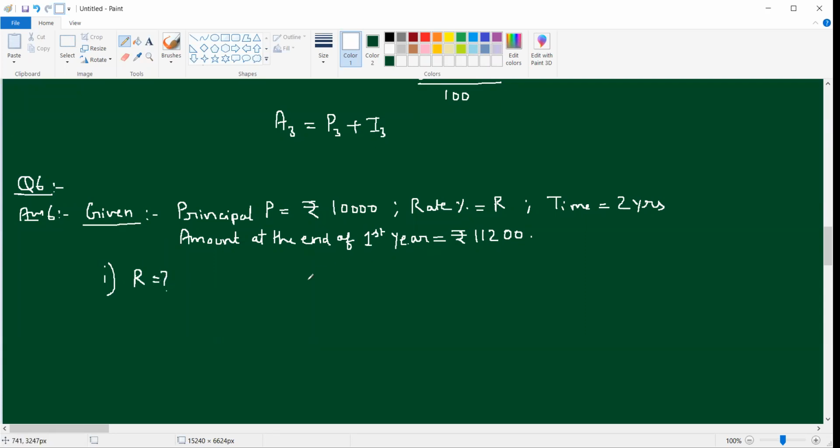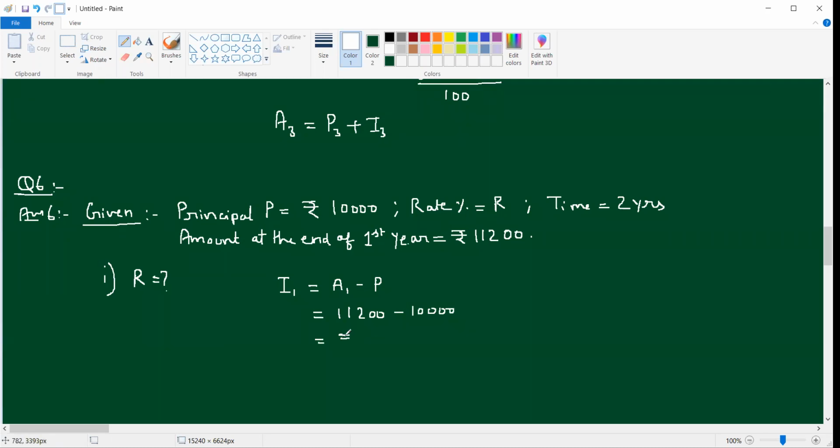See, the interest he earned at the end of first year is the difference between the amount he received and the principal he deposited. It means 11200 minus 10,000.